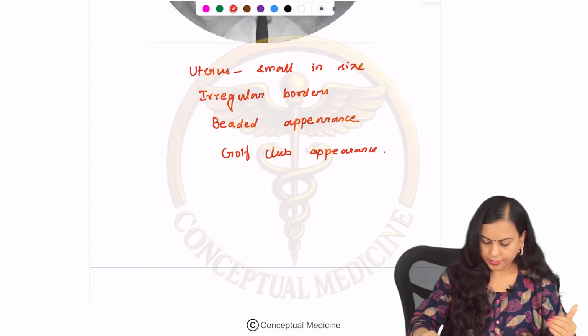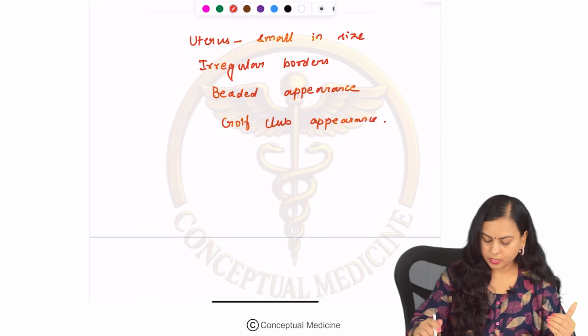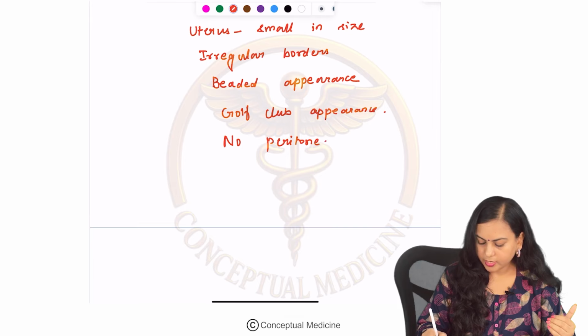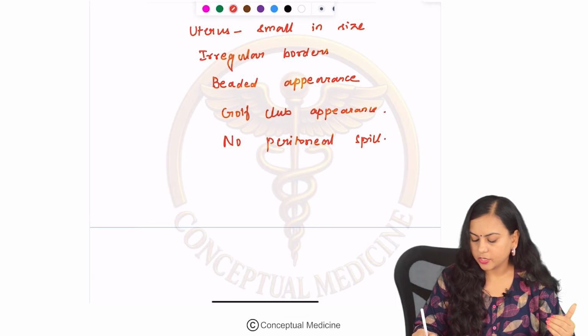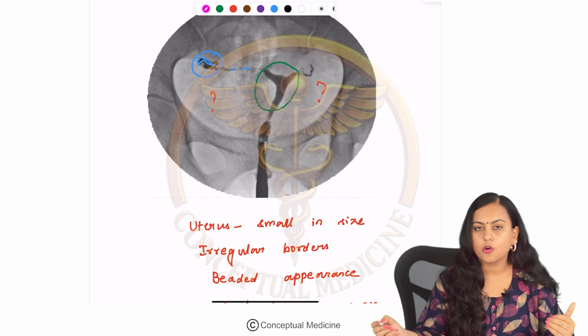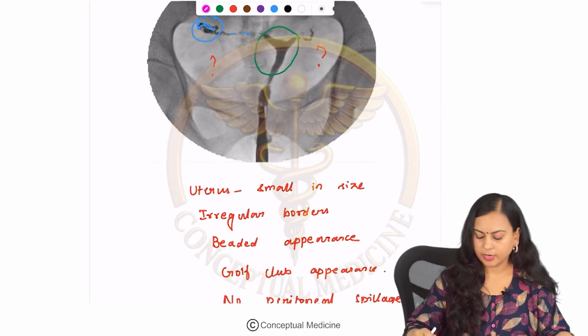And one more thing to notice, you don't see any peritoneal spillage, right? So no peritoneal spillage. This picture is mostly suggestive of genital tuberculosis. Is that clear? Right.